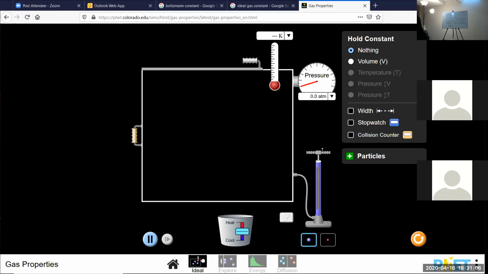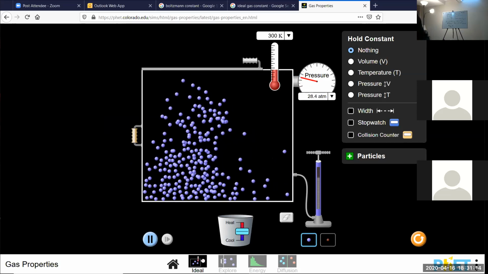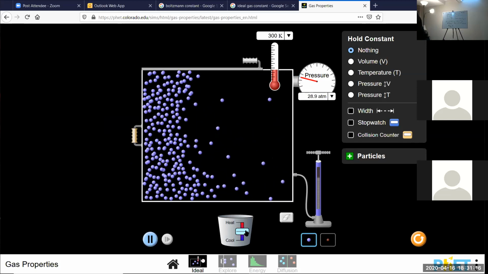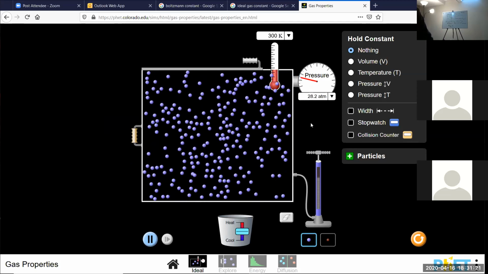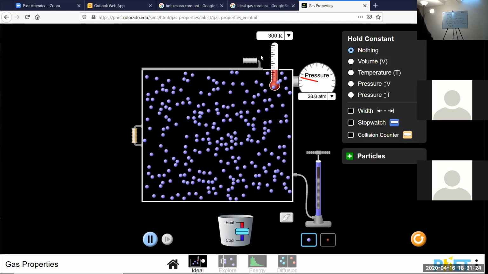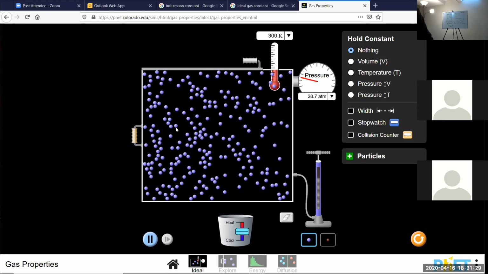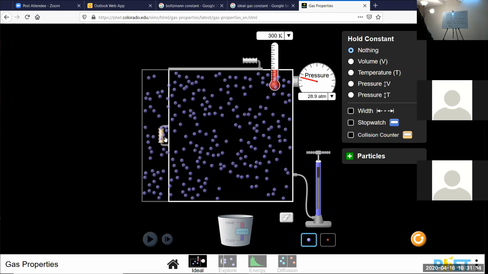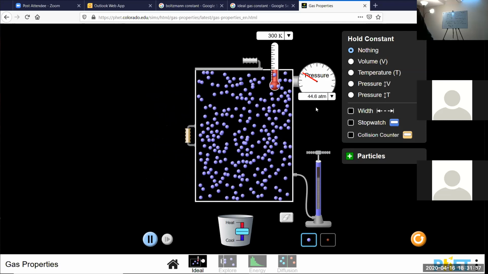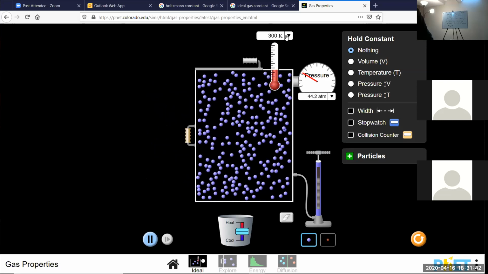Anyhow, what I'm going to do here is if I do this, it adds particles to the system, right? We see that they're bouncing around and they're at a certain pressure and a certain temperature. So what I was describing earlier was if I reduce the volume, I see that the pressure went up in this case, where we kept the temperature the same.